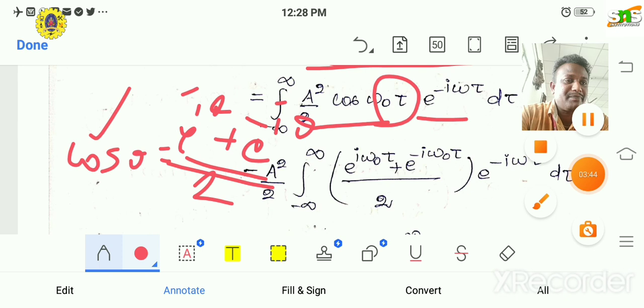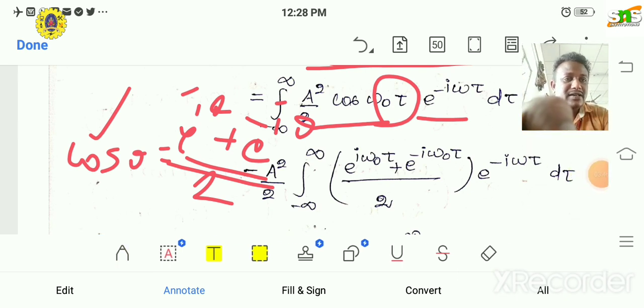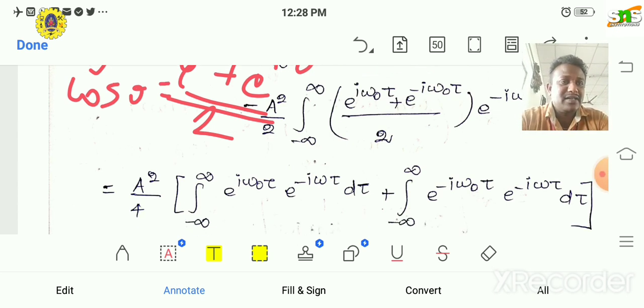After substituting the results, let us move to the next part. Here I am going to expand this term into two parts, as it is in the form of u plus v into multiplication.